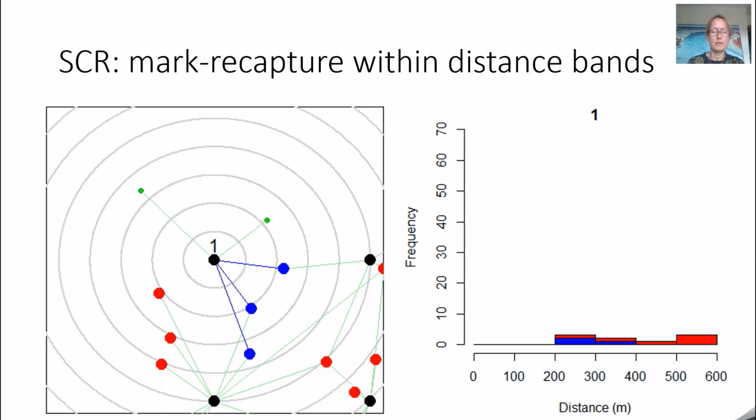So we would barely have any successes past 600 meters, pretty much only failures. So looking at this from the perspective of detector 1, we have 3 successes, 2 within the 3rd distance bin and 1 in the 4th distance bin.